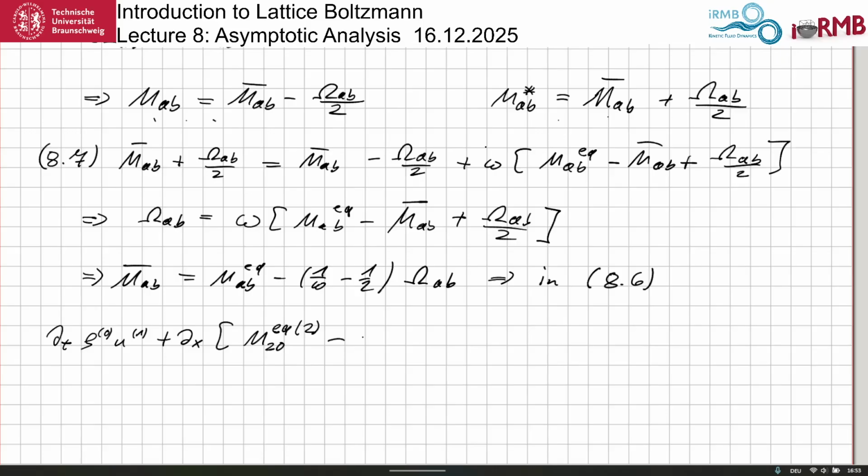And because we are doing diffusive scaling, and I'm not getting tired to repeat this, in acoustic scaling you have to expand this. In diffusive scaling, this is a constant.